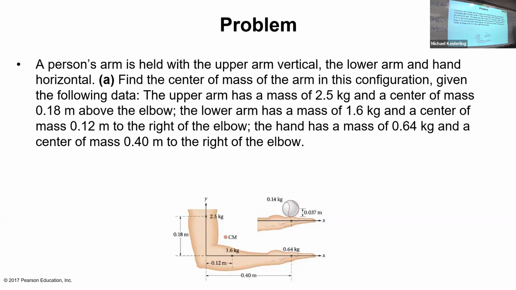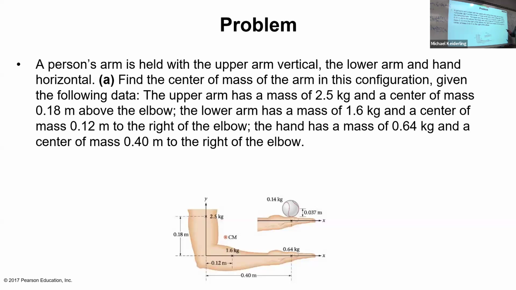And you can do the same thing for y. Y center of mass is the sum of all mass individual times y individual over the sum of all mass individual.